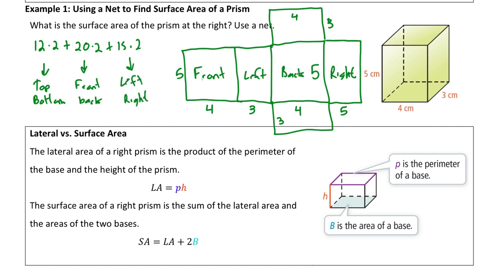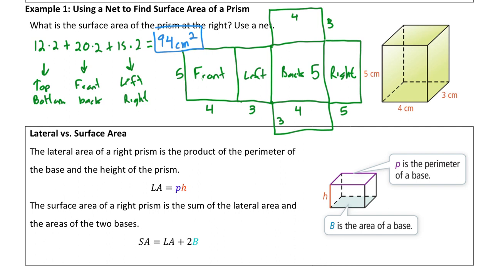Okay? So if I add all of these together, and I'm going to do this in blue so you can tell the difference. That's 24 plus 40 plus 30. So 24 plus 40 is 64. 64 plus 30 is 94. So 94 square centimeters is the total surface area.